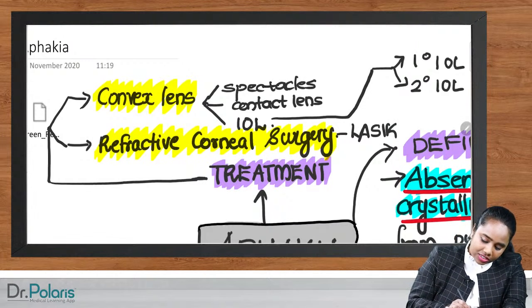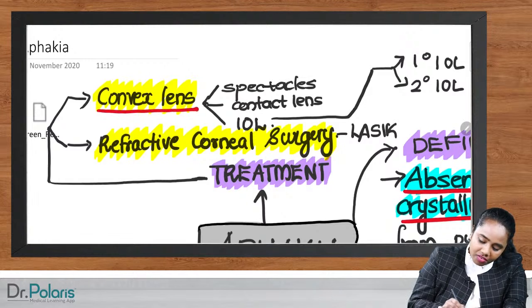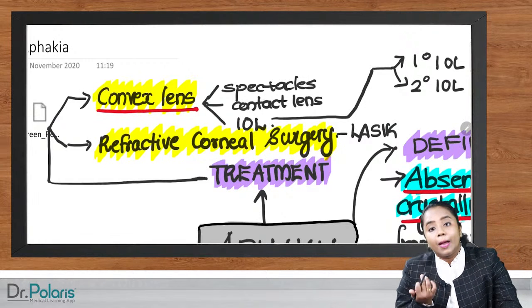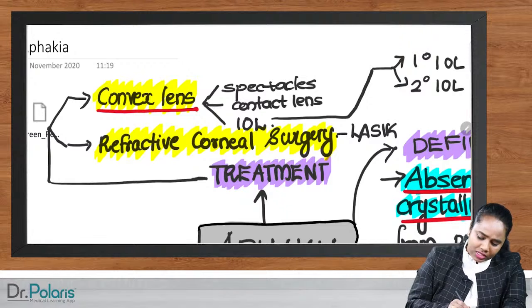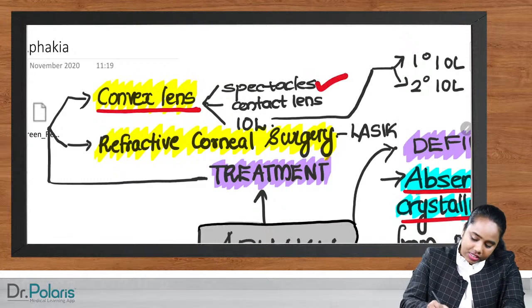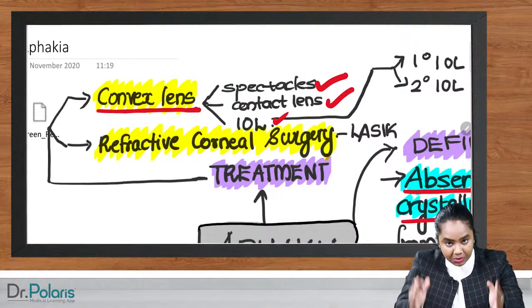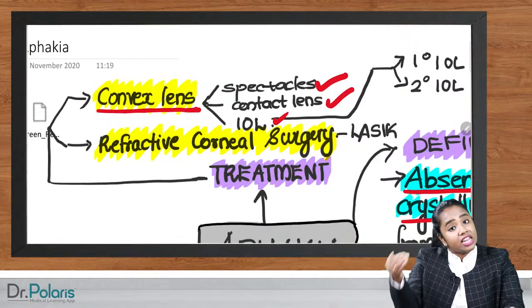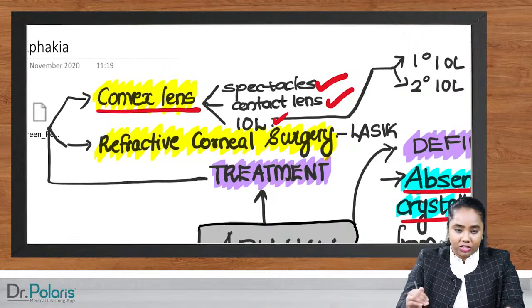Optical correction is mainly done by a convex lens similar to hypermetropia. You start optical correction with a convex lens, and this convex lens can be advised as spectacles, contact lenses or intraocular lens insertion.